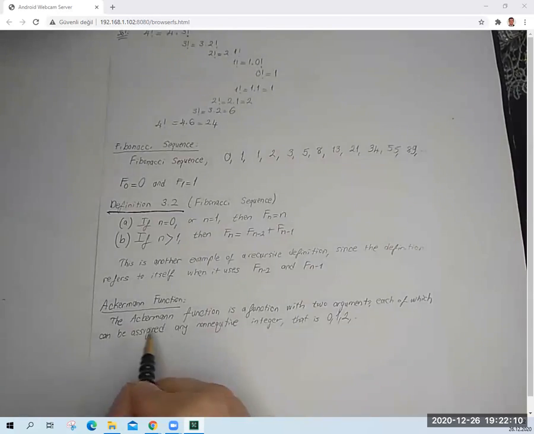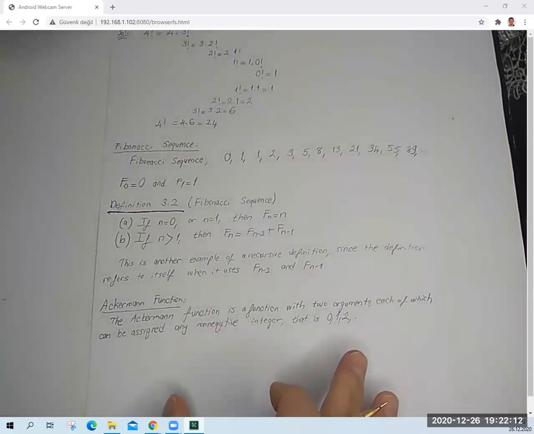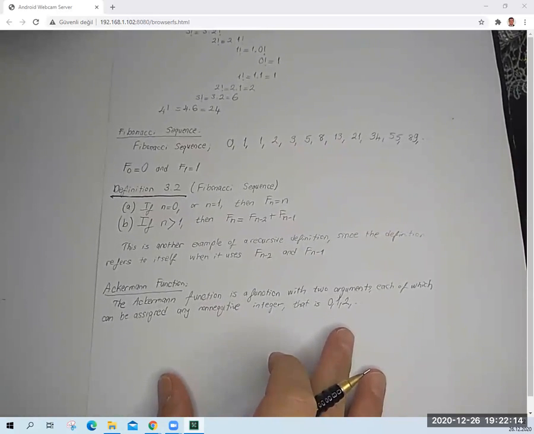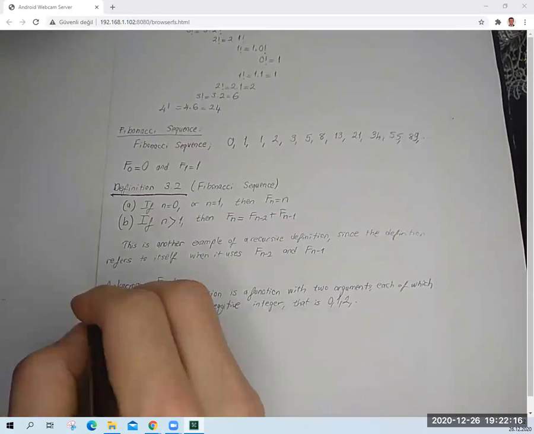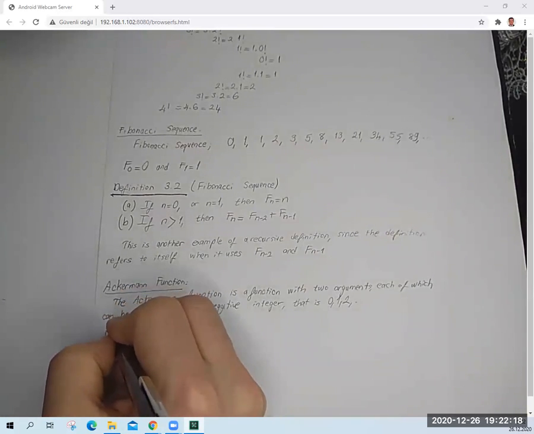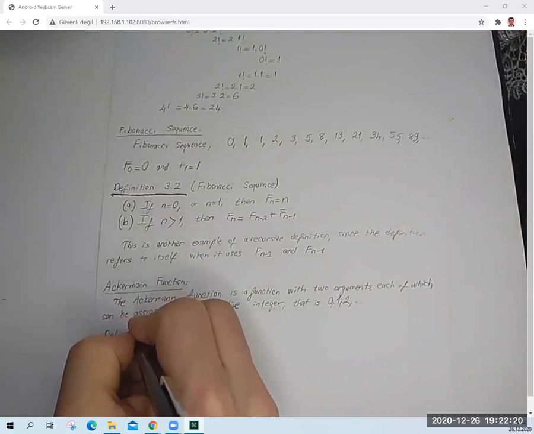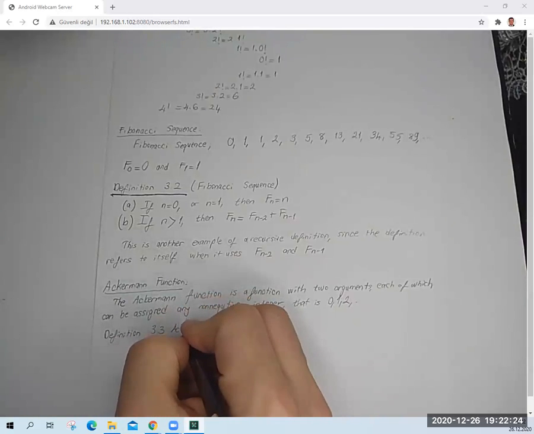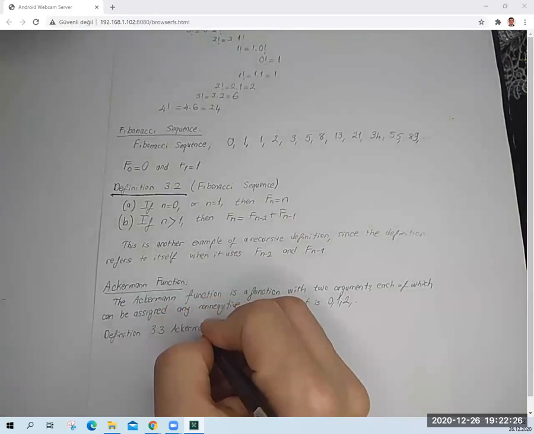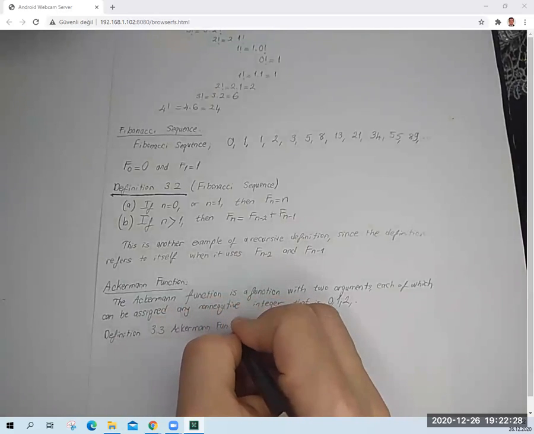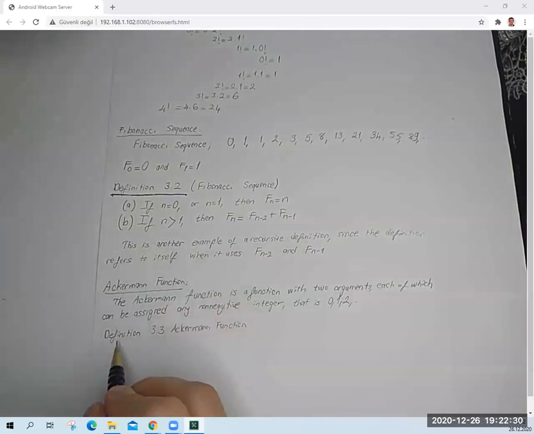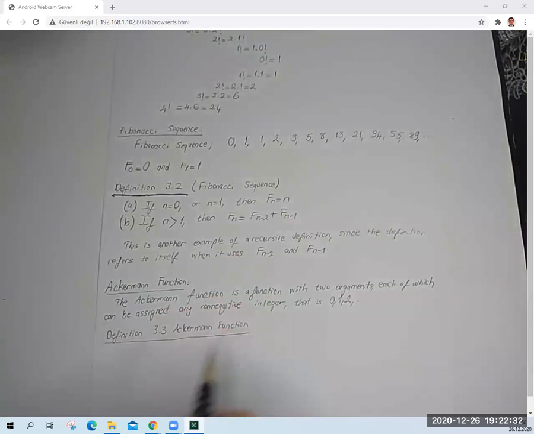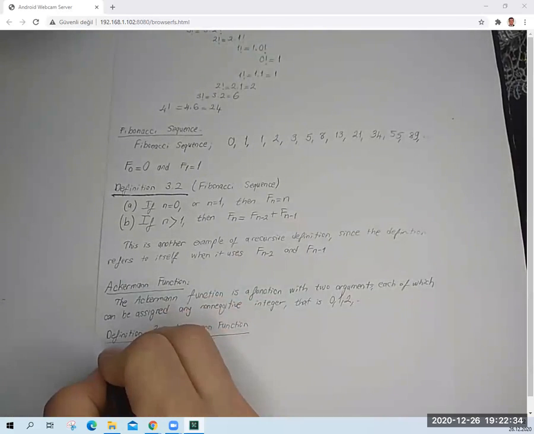Okay, we were talking about the Ackermann function. So there is the definition for the Ackermann function.